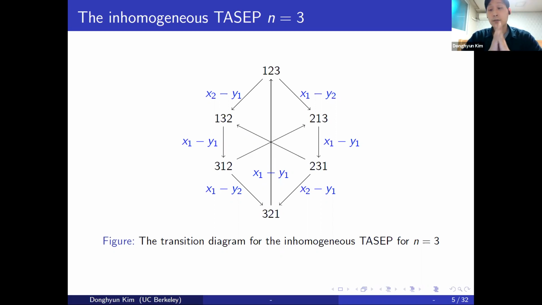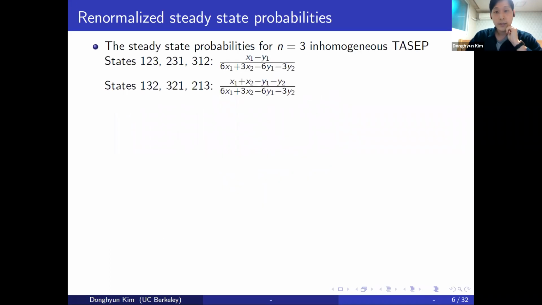Once we have the transition diagram, we can solve a system of linear equations to get the steady state probabilities for this process. If we compute the steady state probabilities, this is the answer. For the states 1, 2, 3, 2, 3, 1, and 3, 1, 2, the steady state probability is given as follows.